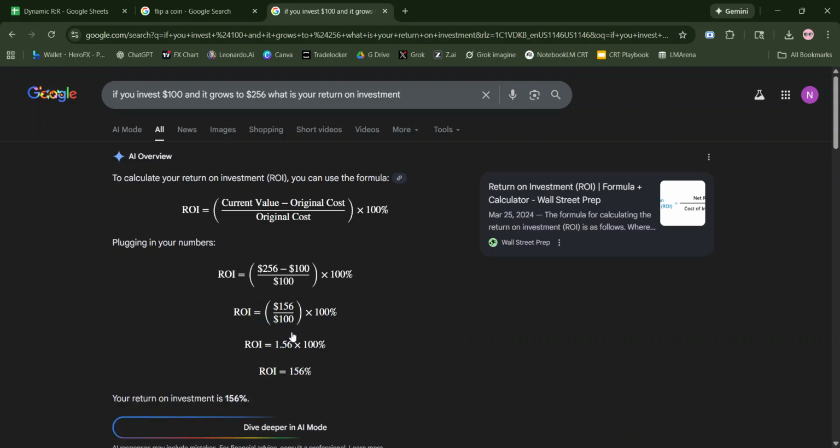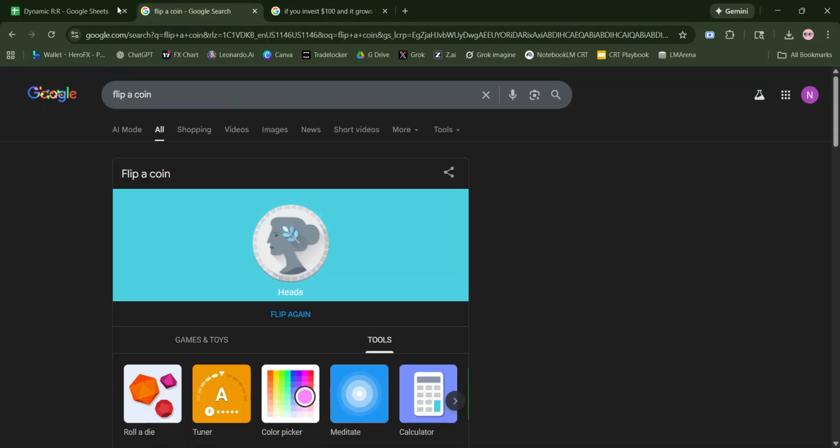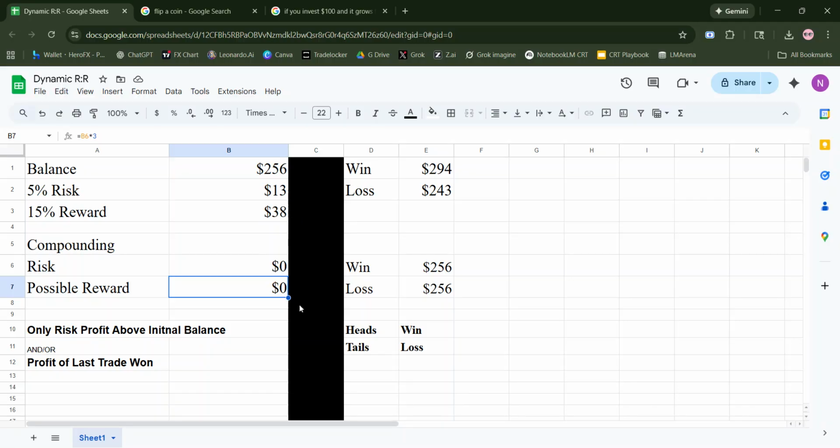According to this, you've grown your money 156% using this little simple strategy I just showed you right here. You've more than doubled your account.